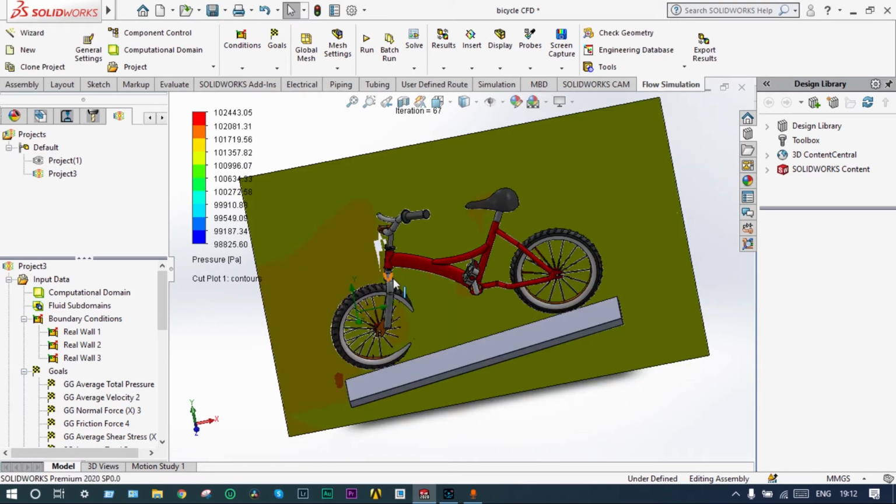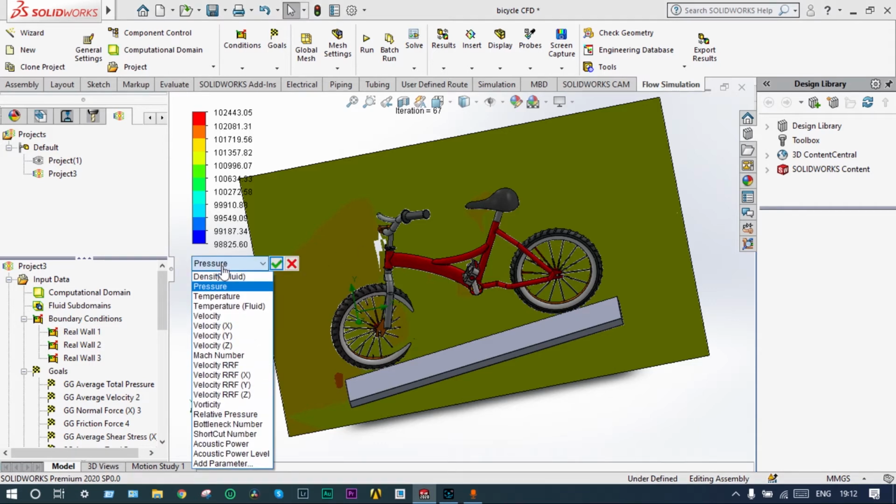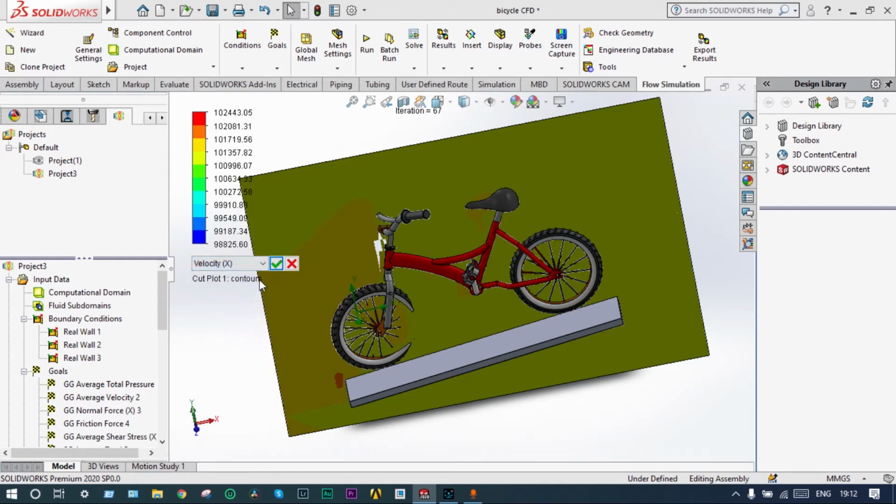So initially, before striking with the front plane of the bicycle, the pressure is a little bit higher, then it is reduced. We can see velocity also, velocity in the x direction.